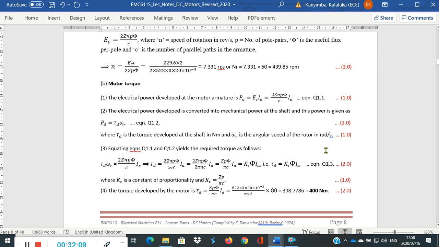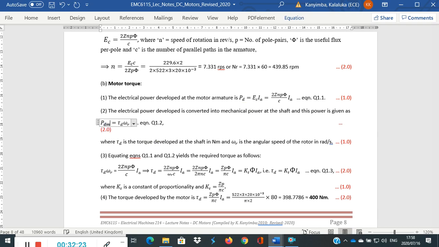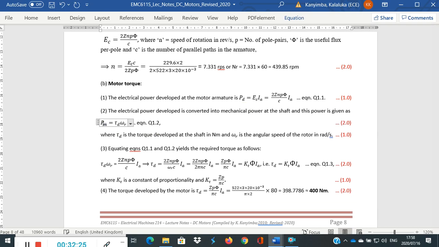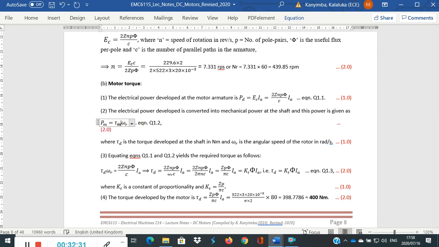So if we equate the two equations, equation Q1.1, the electrical power, and equation Q1.2, the mechanical power, let me call this M for mechanical, and also change this to M for mechanical.